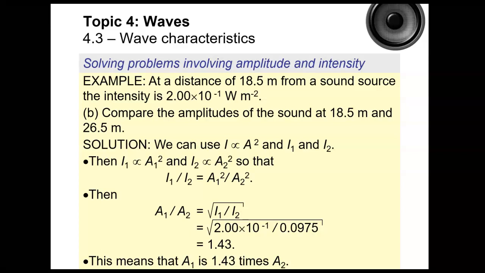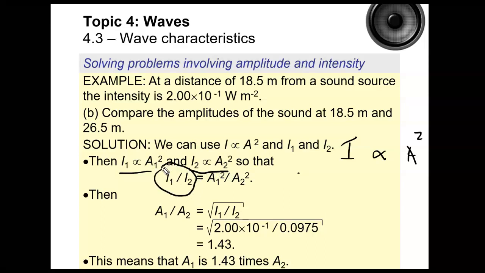Because I is proportional to amplitude squared, I1 is proportional to amplitude 1 squared, and I2 is proportional to amplitude 2 squared.